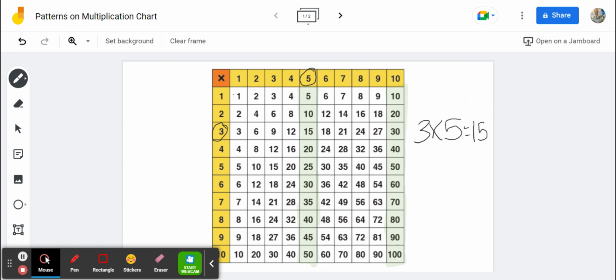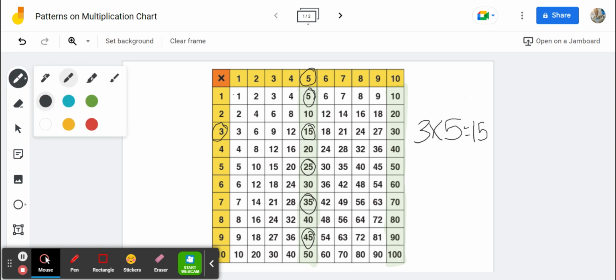Now, for our purposes today, I'm trying to show how students identify patterns on a multiplication chart. We're going to concentrate on the fives right now. Students might notice when they're working with multiples of 5 that some of the products end in 5: 5, 15, 25, 35, 45.